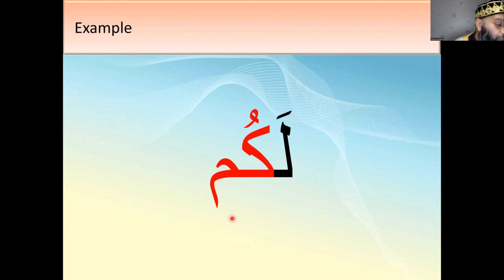Again, go to that table back on page 47. This time I'm not attaching like minkum or kitabukum or alaykum. Now I'm just attaching the la. The la means for. Lakum, for you all. Lakum dinukum waliyadin, right? What does dinukum mean?